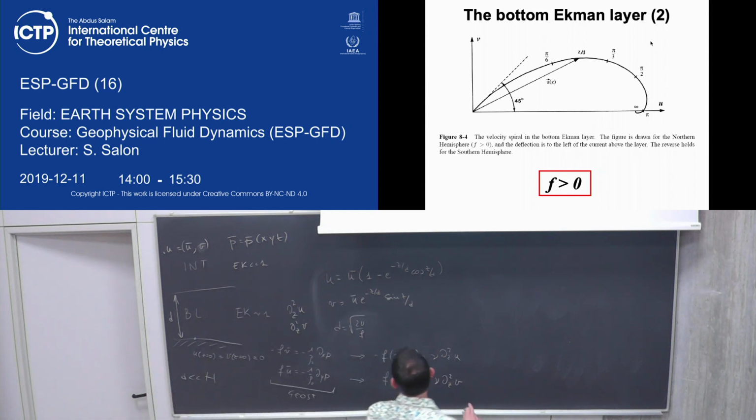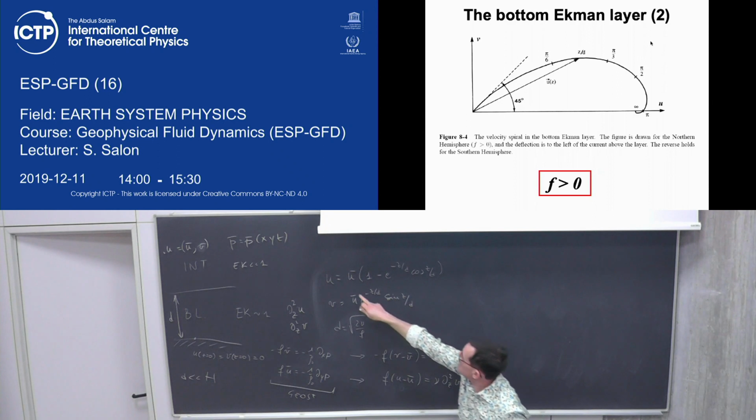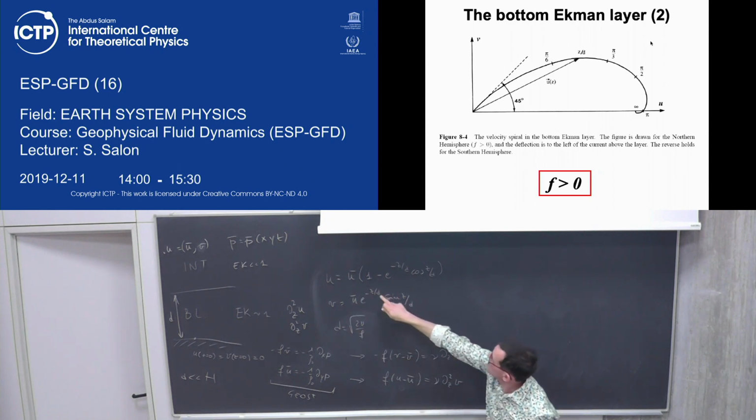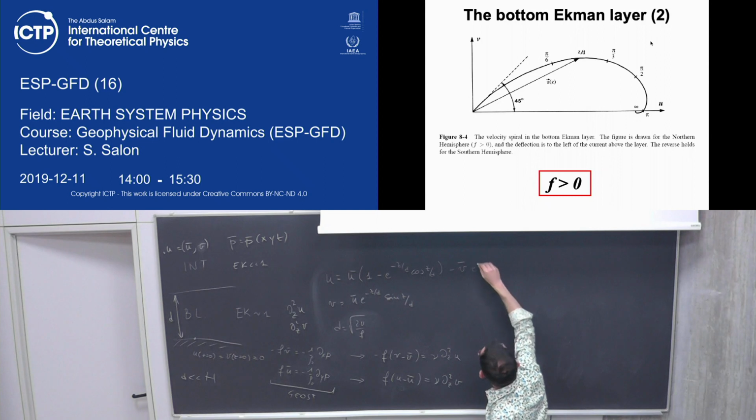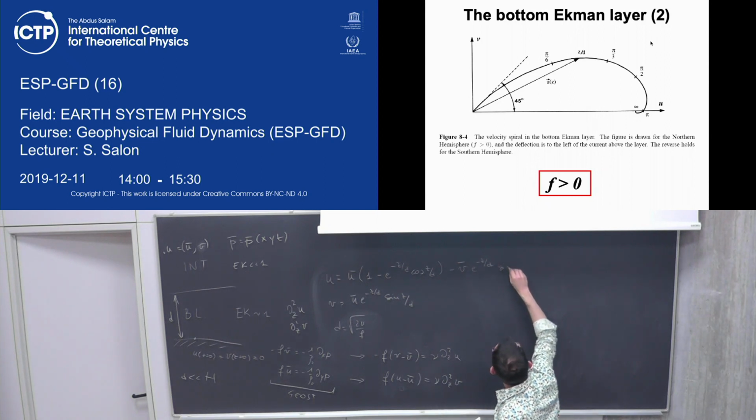What we obtain is that the solution will not contain only U bar, but also V bar. So the solution we had before, we also have minus V bar e to the minus Z over D sine Z over D. What are you seeking to do?